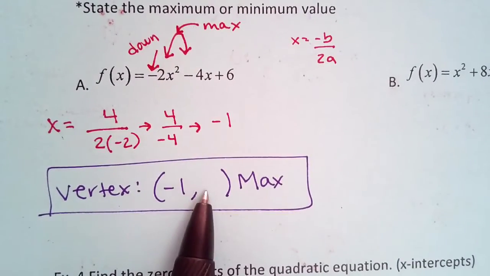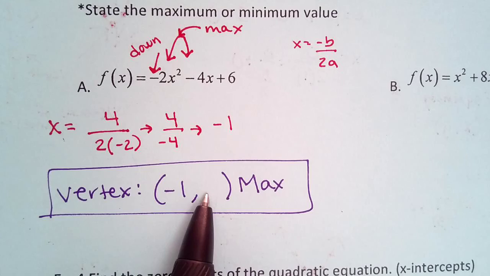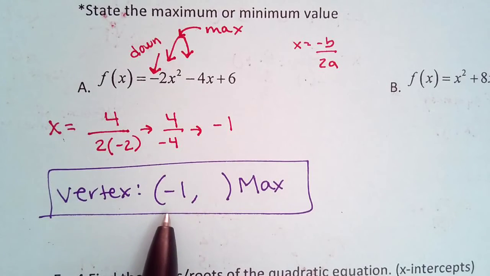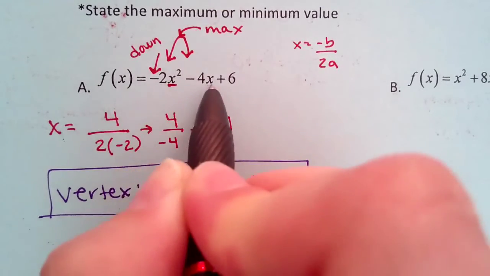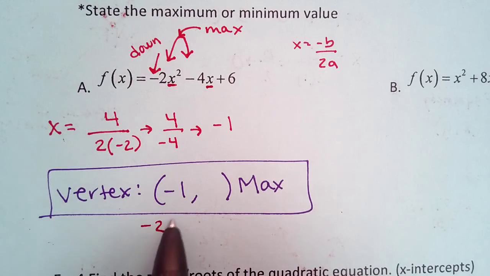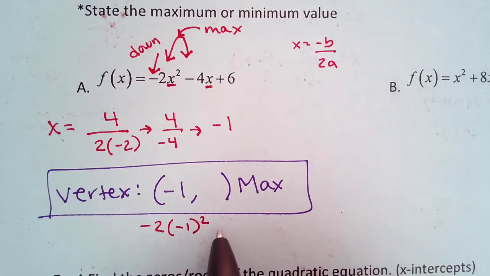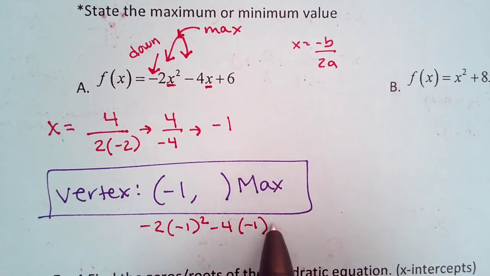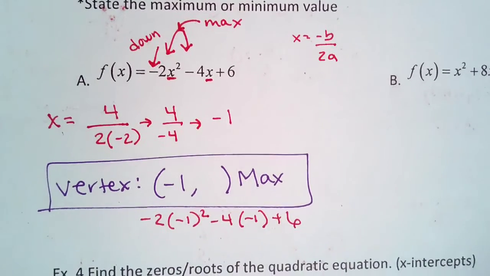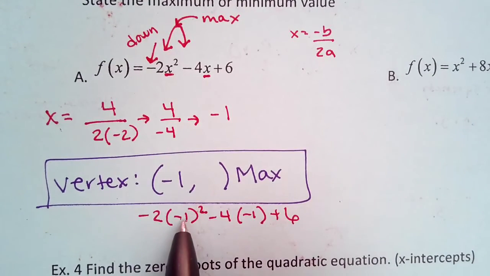How do I find the y portion? Plug in x with negative 1. Yep, plug right here for x, plug in negative 1. So negative 2 times negative 1 squared minus 4 times negative 1 plus 6. So negative 1 squared is 1.